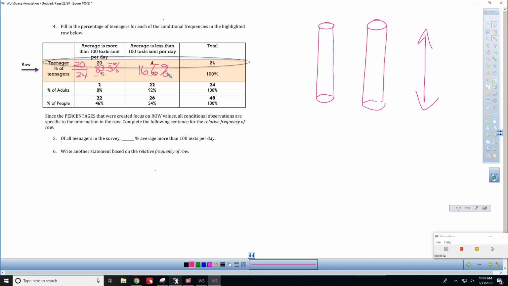Okay, so of all the teenagers in the survey, 83.3%. Write another statement based on the relative frequency of row.